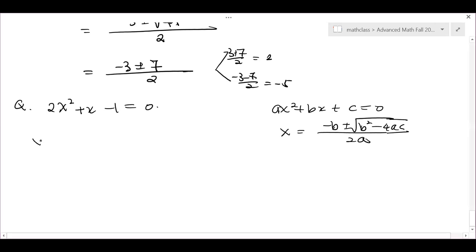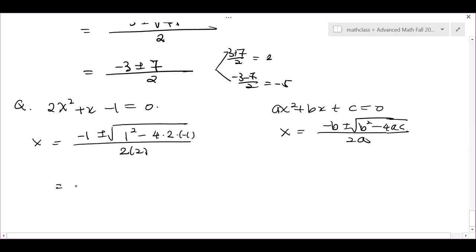All right, so let's write this down. A is 2, so it's 2a. Negative b: b has a negative, and b is 1, so negative 1. Plus or minus the square root of b squared minus 4 times a, which is 2, times c. C is negative 1. Be careful about the sign, okay? So c is negative 1.